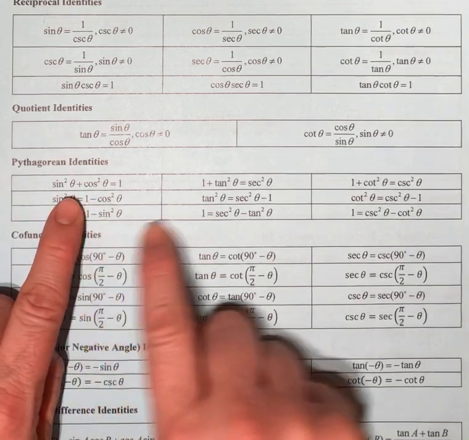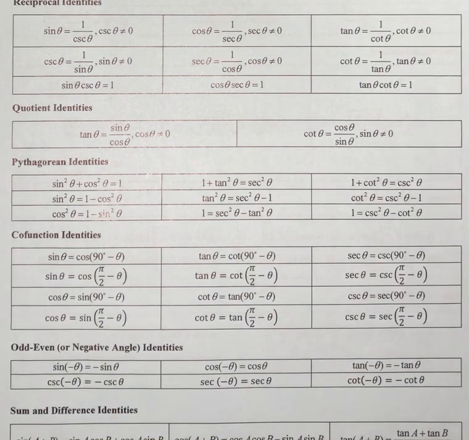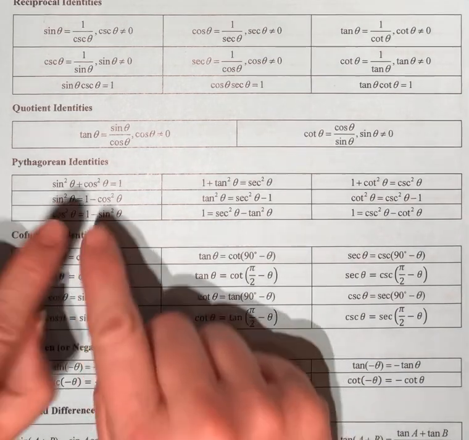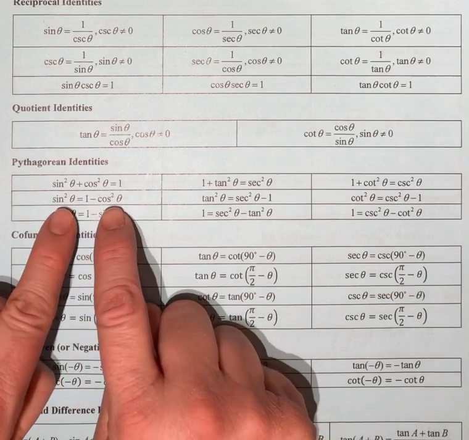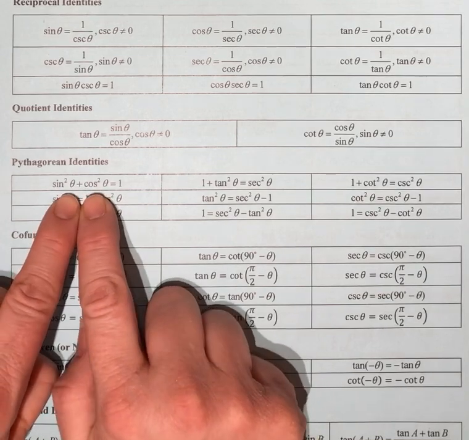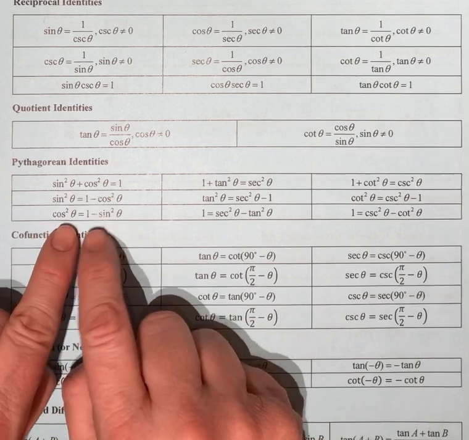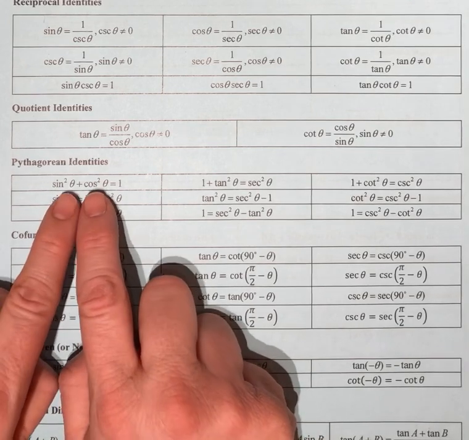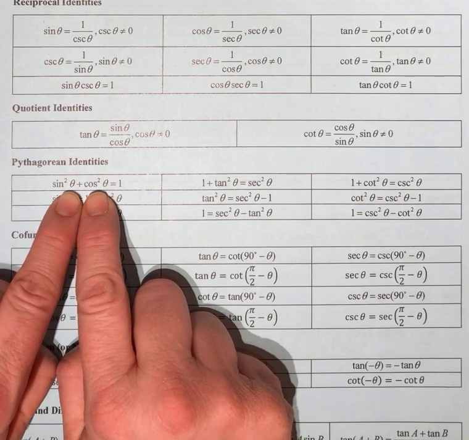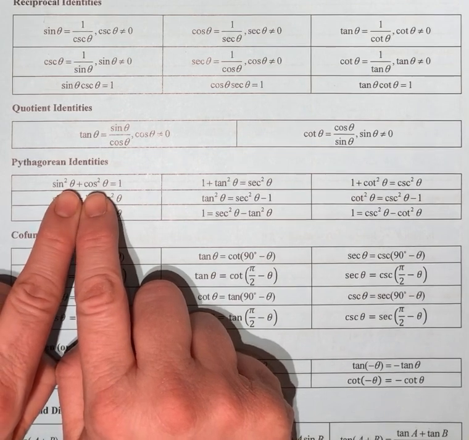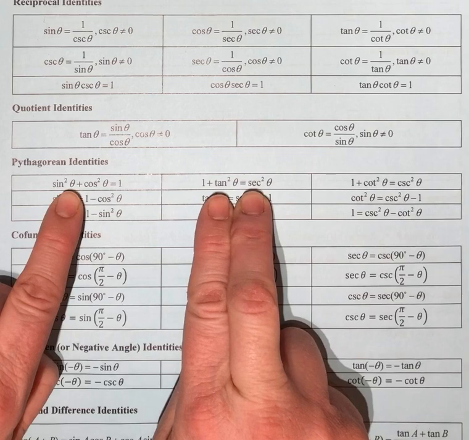And so they're just on here so that you can have a visual to see different ways that this is represented. If I take this one and I subtract cosine squared, I get this one. If I take this one and I subtract sine squared, I get this one, okay? If I take this one and I divide everything by cosine squared, I get this one.